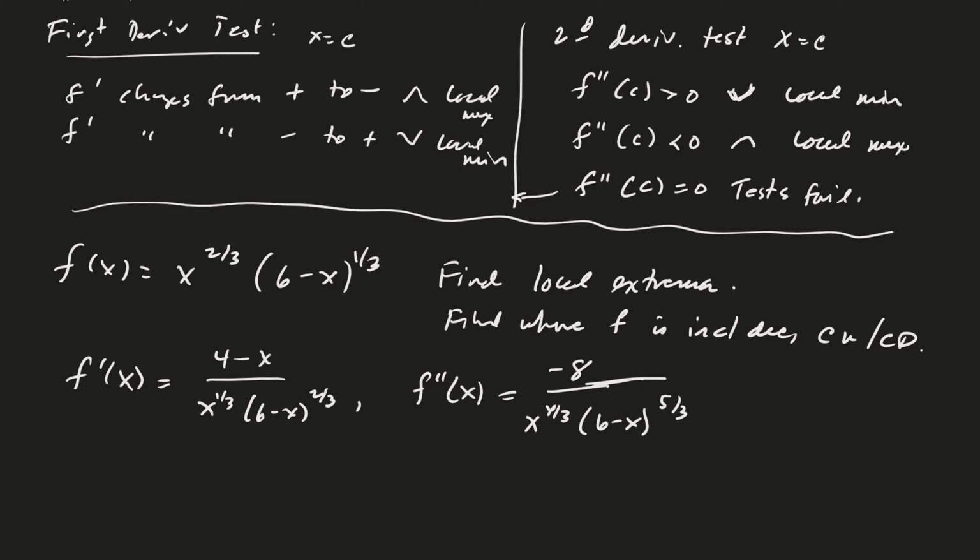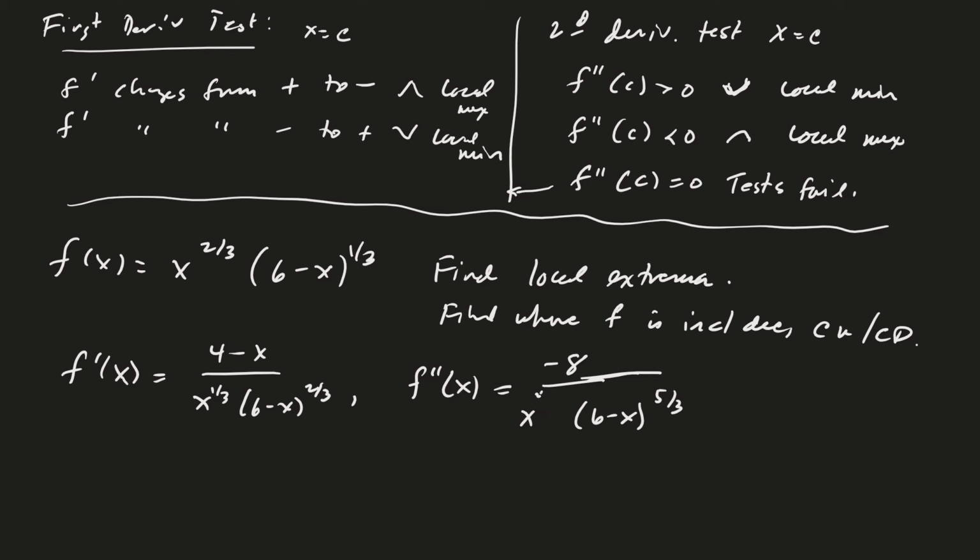We could probably spend the next 10 minutes doing the algebra for these two derivatives. So you might try it if you want some practice with algebra. You might see if you can get your answers in these two forms. But I don't want to spend a lot of time on the algebra, so if this were like an exam, I may even give you the derivatives as well, so you don't have to try to simplify them.